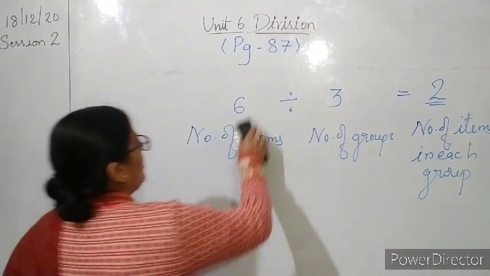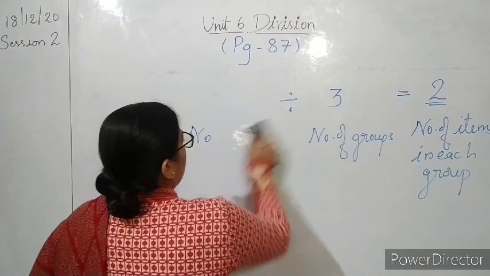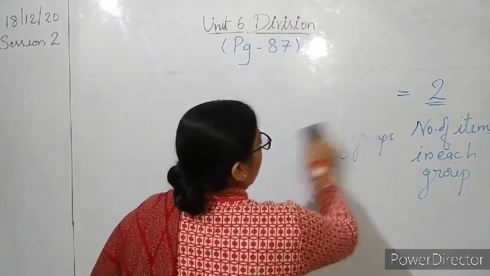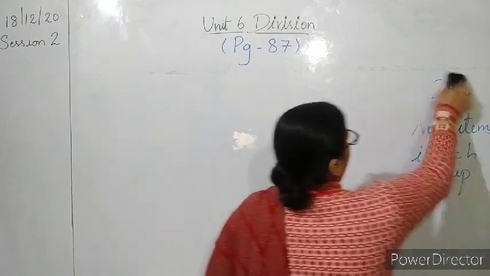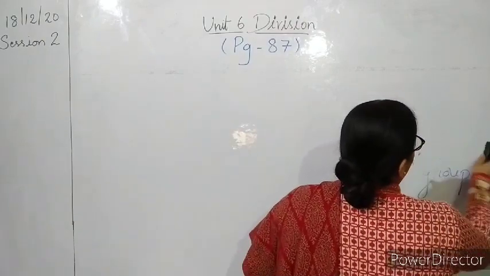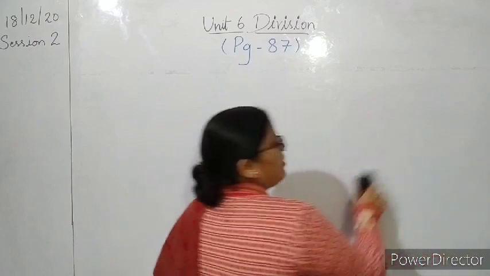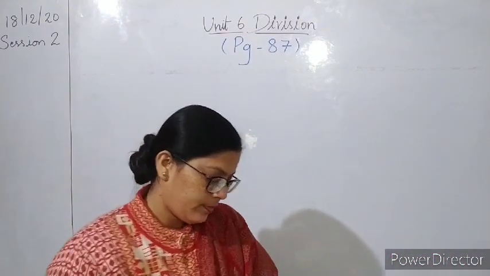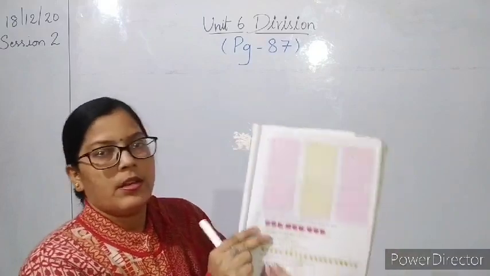In the first question, you can see in your book the picture of apples, and these apples are shown in different groups. Just count them.